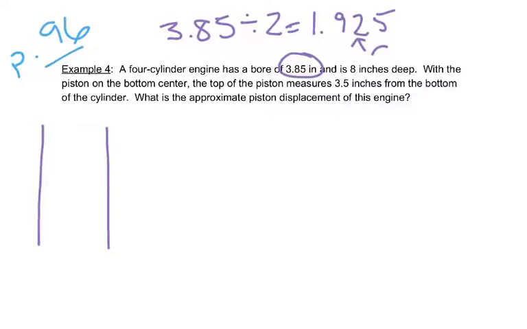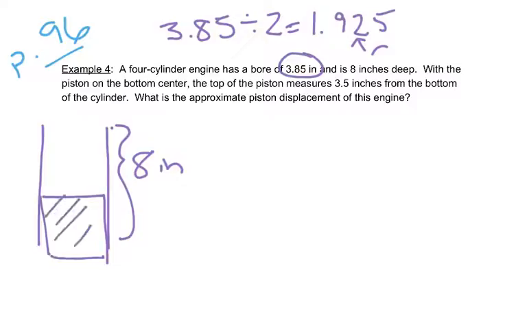So it says that the cylinder is 8 inches deep. So this is our cylinder right here. And then when our piston is down at the bottom, it tells us that the top of the piston is 3.5 inches from the bottom of the cylinder. So this 3.5 is part of this 8.